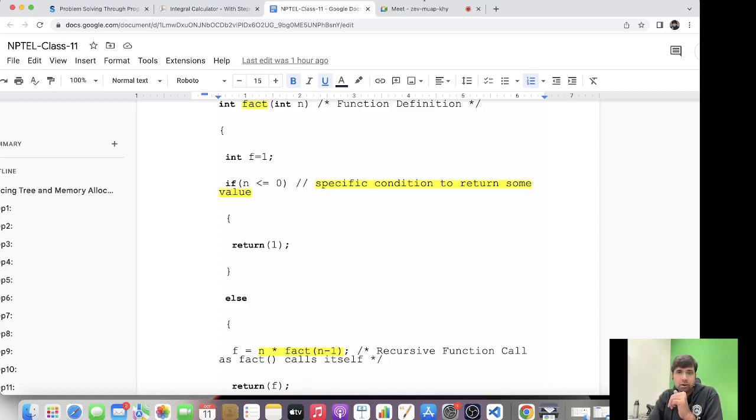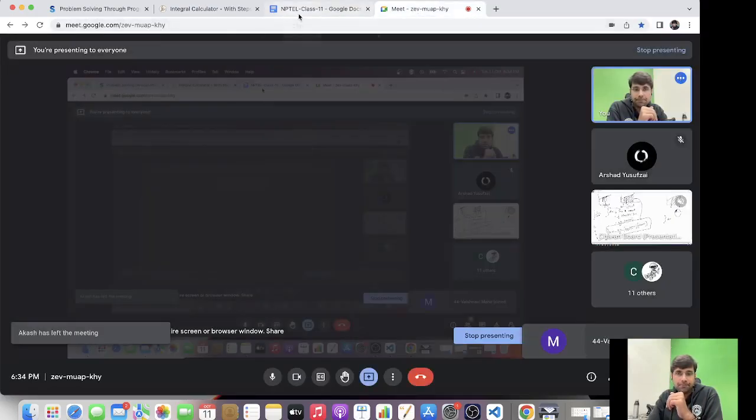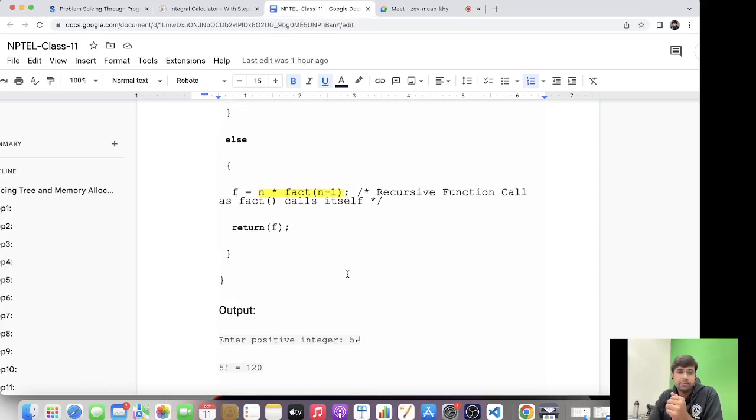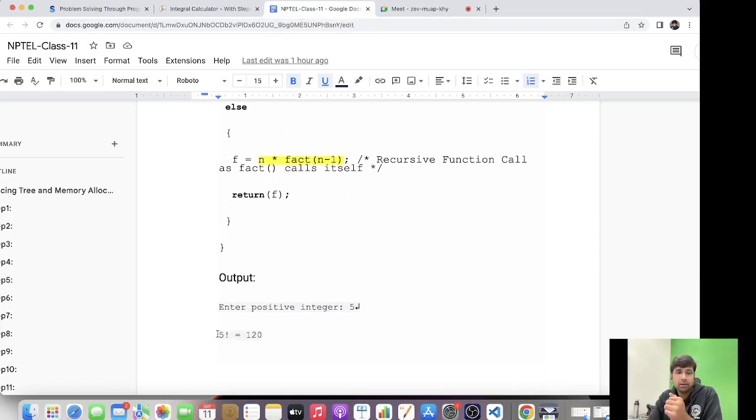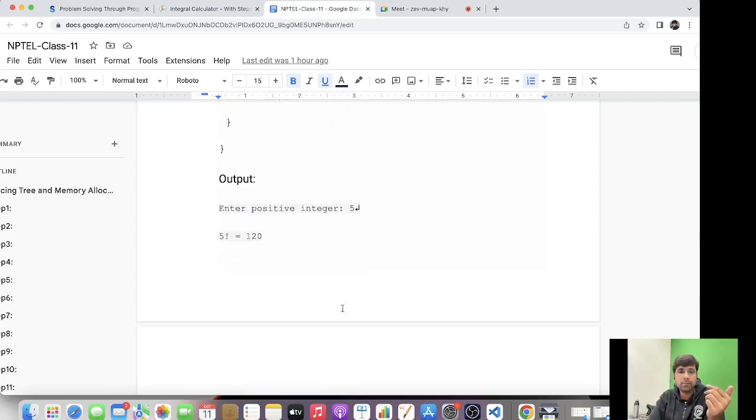So this is called linear recursion. Let's say if you enter 5, you will get 5 into 4 into 3 into 2 into 1, so eventually you will get 120. This is the example for linear recursion.